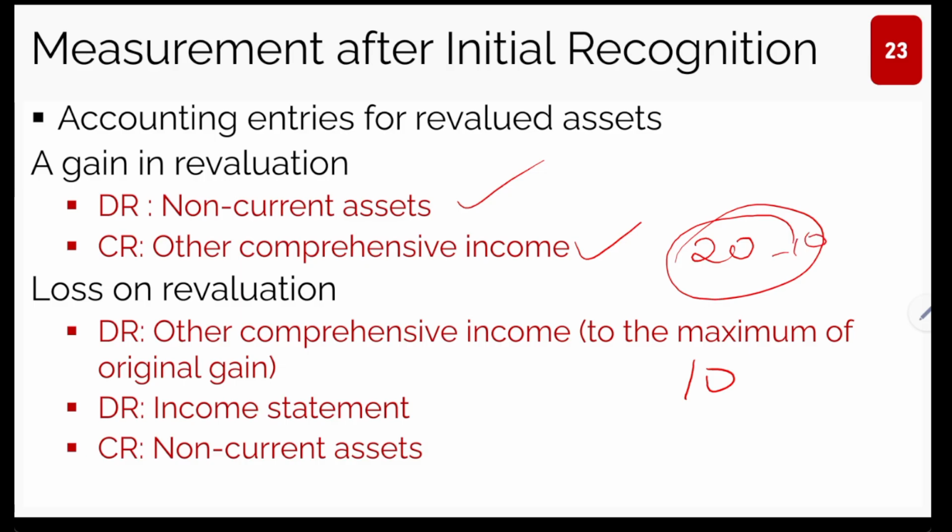But imagine this was 50. It means that the maximum, which is 20, you have to debit to OCI, the original gain, and then whatever is left, which is 30, you come to the income statement and dump it, while the non-current asset, we reduce by everything, which is 50. All right. So that's what we do: loss and gain in revaluation.